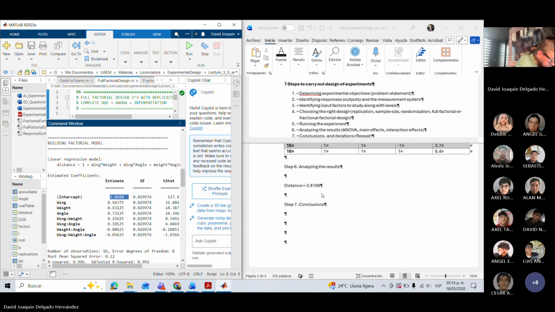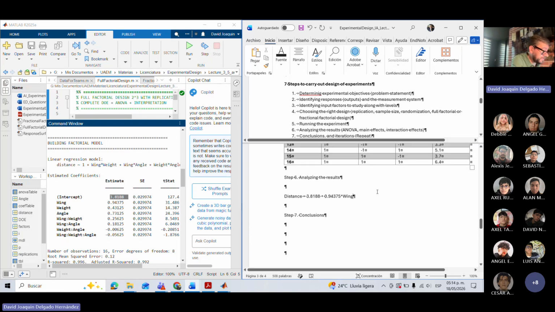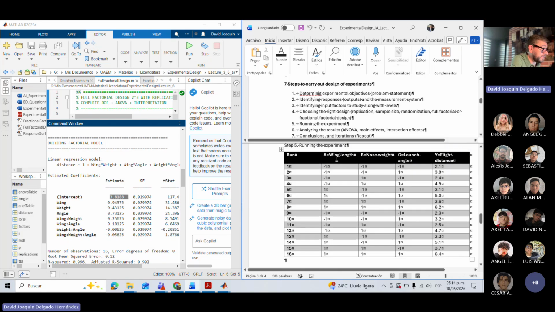Plus I have to put the following coefficient, which is 0.94375 times the wing. So remember the wing is related to the first factor, A, wing length.